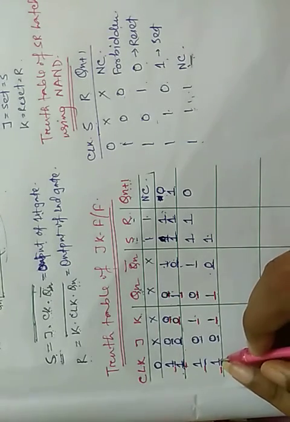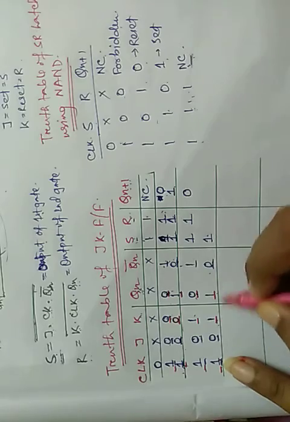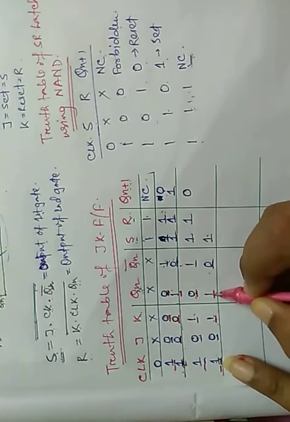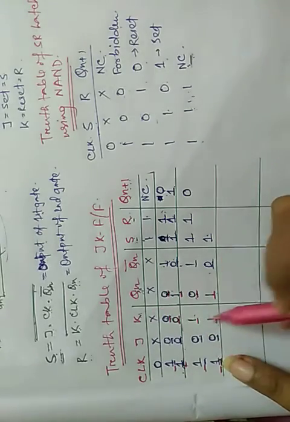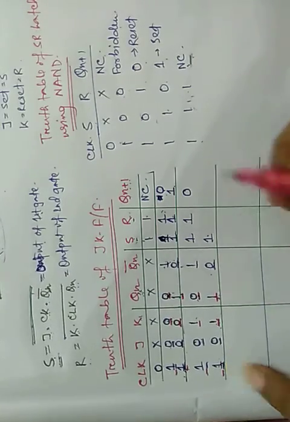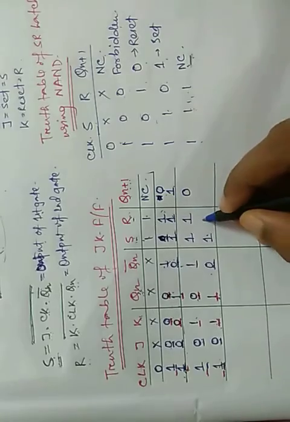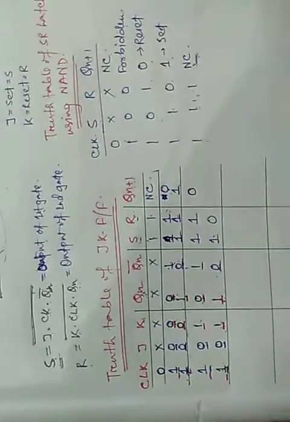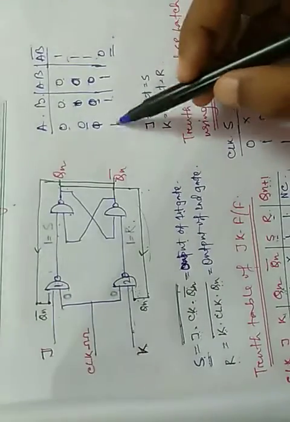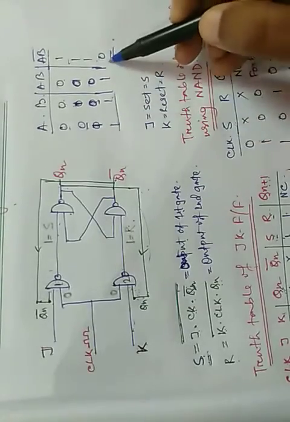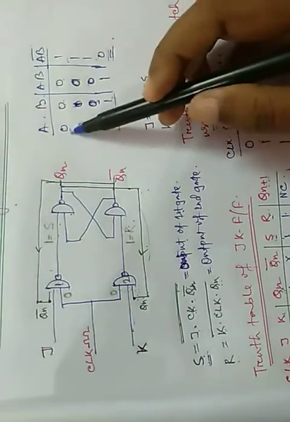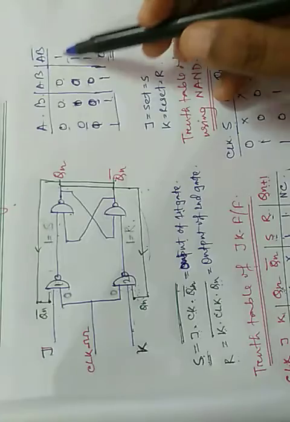You can see here all three inputs are 1, that means clock 1, K 1, Qn 1. As all are 1, the output will be 0. In a NAND gate, only when all the inputs are 1 do we get output 0. Otherwise, if one input is 0, we get output 1.